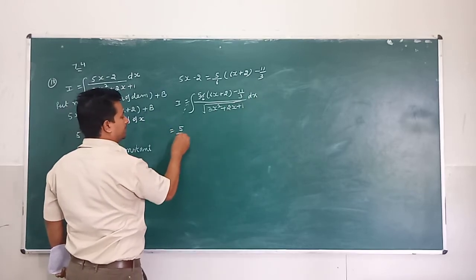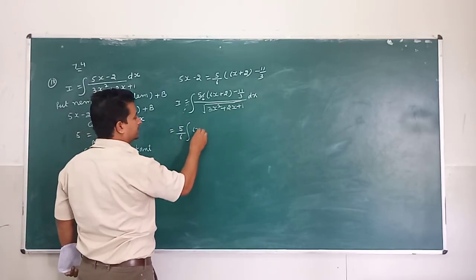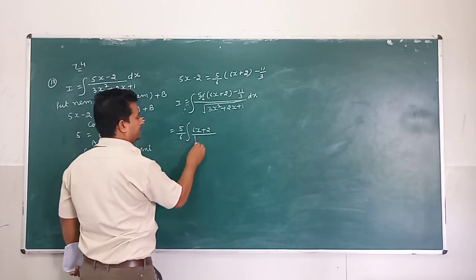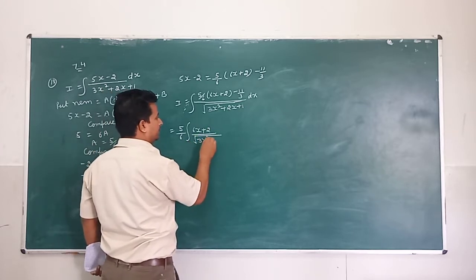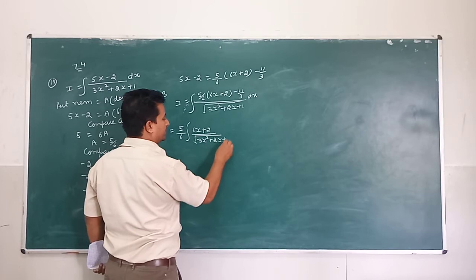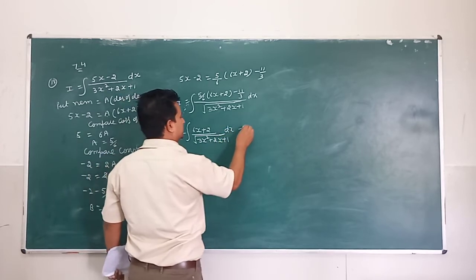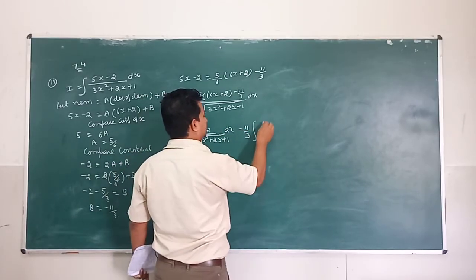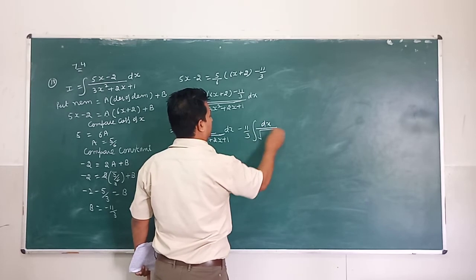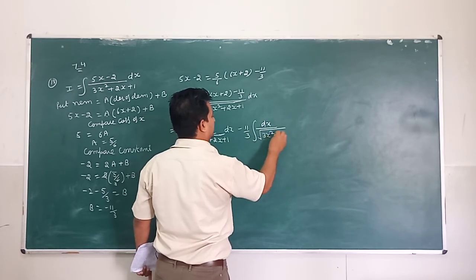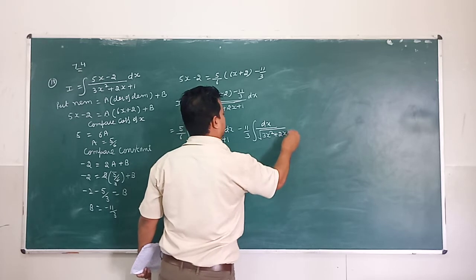So separate these two terms: (6x plus 2) divided by the root of 3x square plus 2x plus 1, and minus 11/3 dx upon the root of 3x square plus 2x plus 1.